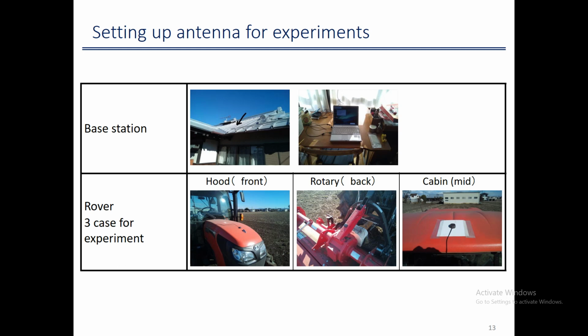And the rover needs to be on the tractor. Remember, we are doing agricultural mapping, and so the tractor is the mobile station, and so the rover needs to be on the tractor or on the vessel.